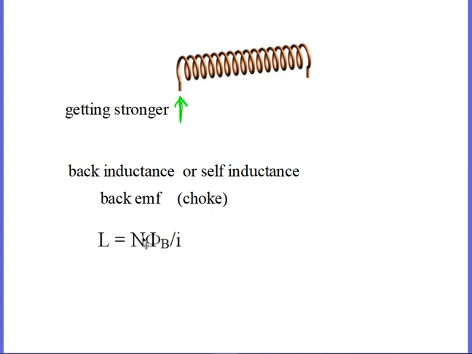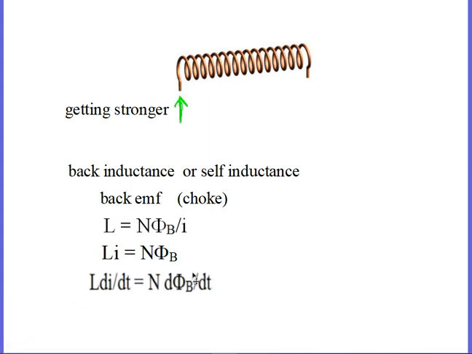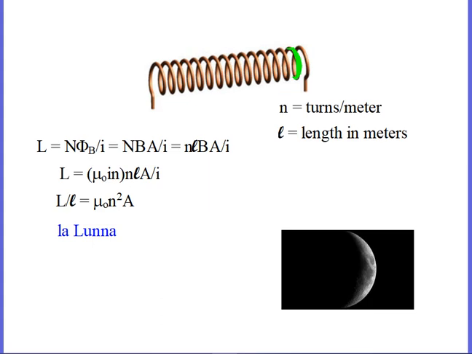So, here you have your definition of inductance. Here is the way I would prefer to write it. I think I was supposed to ask you to do that. Now, if we take the derivative of both sides of this with respect to time, the inductance, remember, is just due to geometry. Let's go back and look at that.